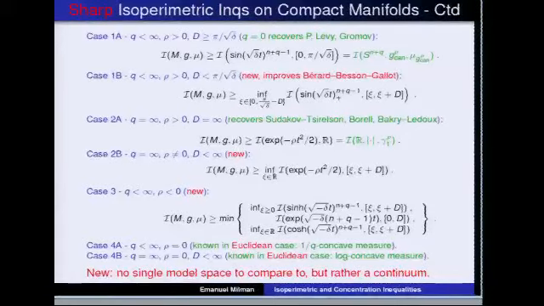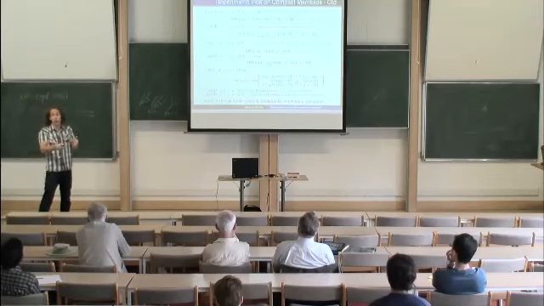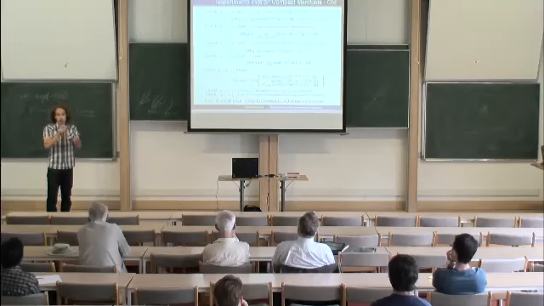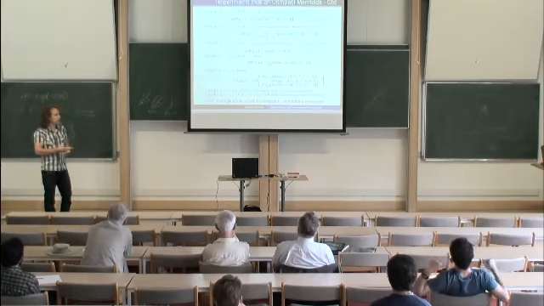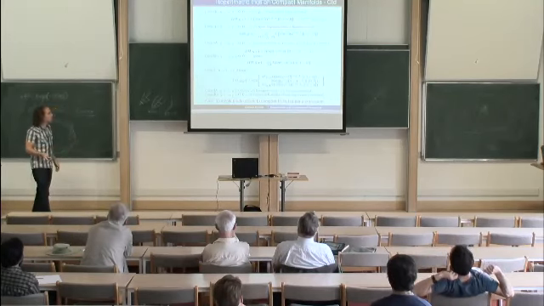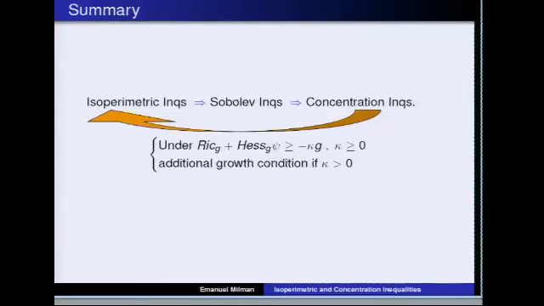Actually there is a one-parameter continuum of model spaces we need to compare to, and you just have to pick the worst one, and that's the sharp isoperimetric inequality that you get. Okay, that's the fact of life. So let me leave you with this slide, which sums up the talk, and thank you for your attention.